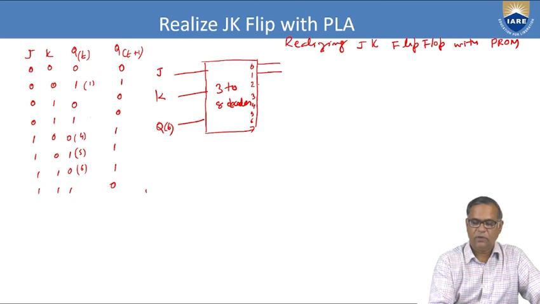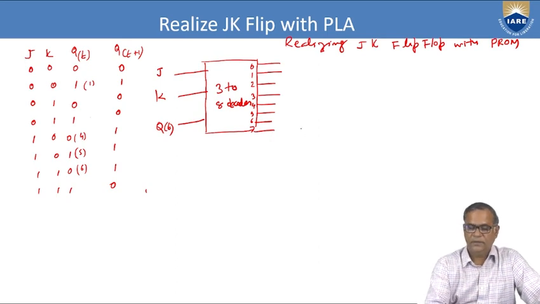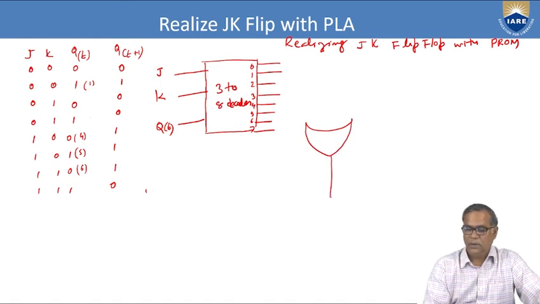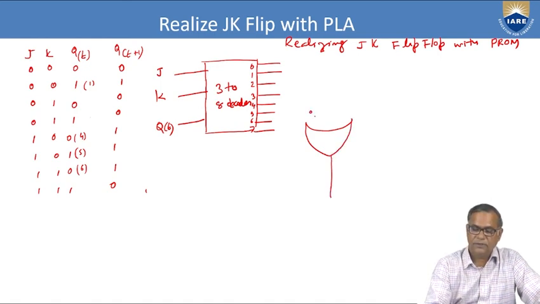So there are 8 outputs. Okay. And this is the fixed AND array, and this has provisions for all 8 inputs.